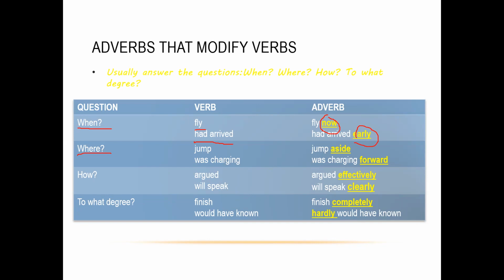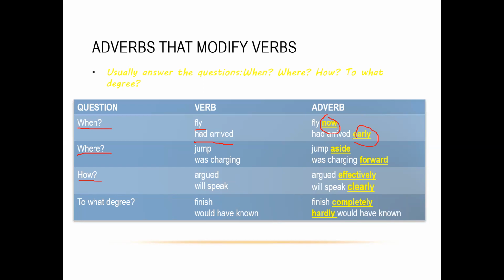So, how? Now it also answered the question, how? How did they argue? They argued effectively. How did they argue? They argued roughly. Rough yung naging argument. Hindi maganda. But since they argued effectively, it means they arrived into a good compromise.